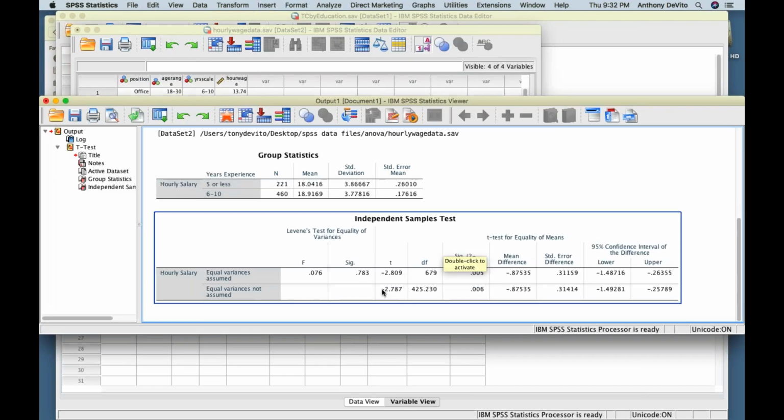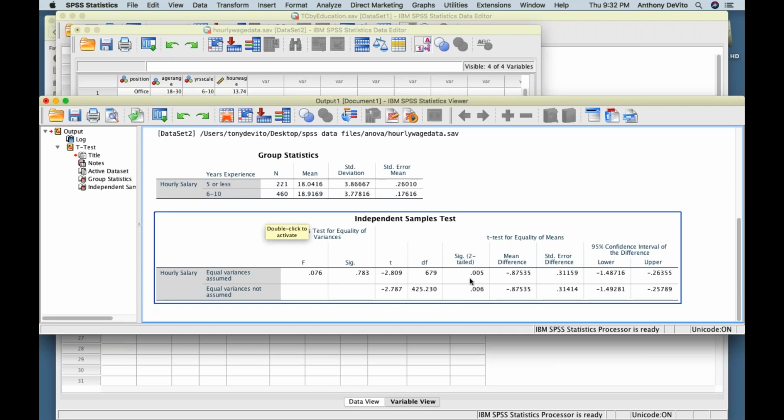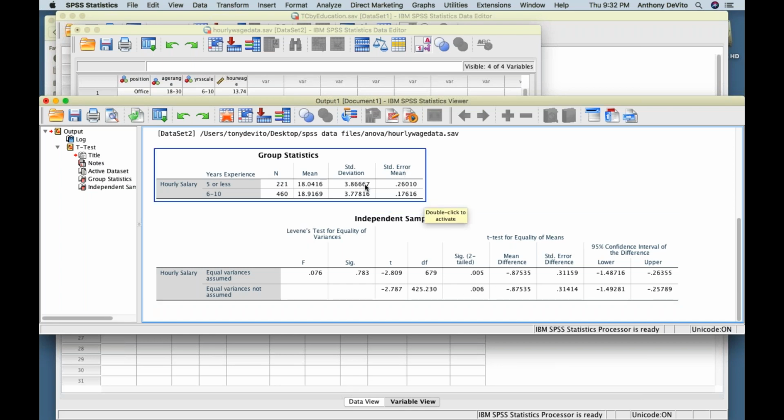Okay, and sure enough, I do my t-test and I get a significant result because apparently there is enough of a difference between nurses. My null hypothesis would have been nurses with 5 or less years of experience make the same amount of money as nurses with 6 to 10. My alternative hypothesis is that they're different, and since my significance for my t-test, negative 2.87, is less than 0.05, I can reject the null hypothesis and say, indeed, they do make a different amount of money.